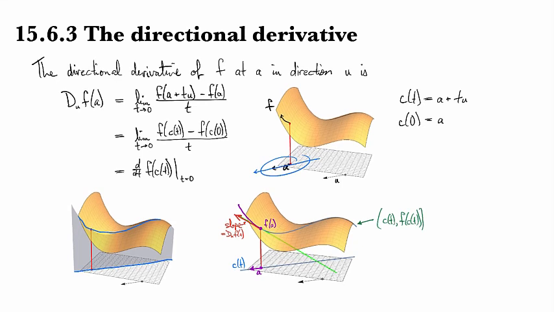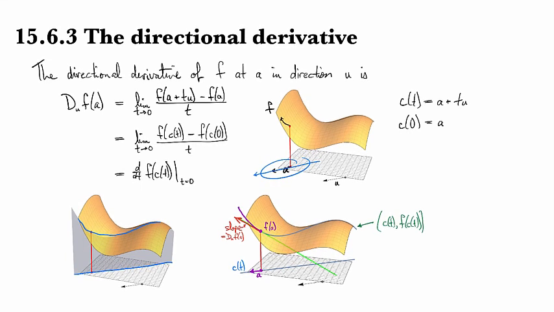Notice that if we were to take some other direction at this location, like maybe I took this direction here, then we'd be moving this way from that point, and looking at the trace above that on the surface, we see that it looks like actually the height of f remains more or less constant as we move in that direction.